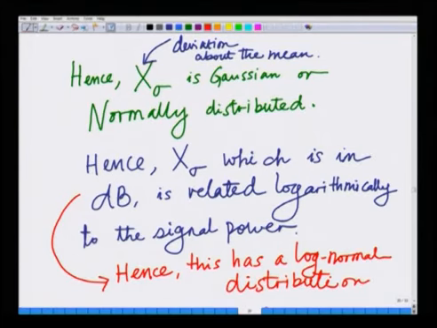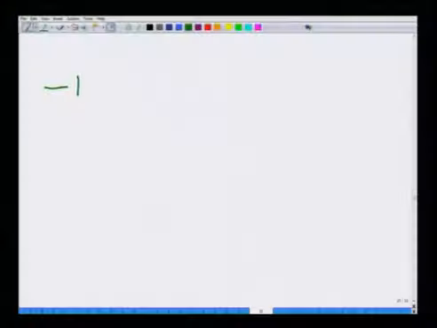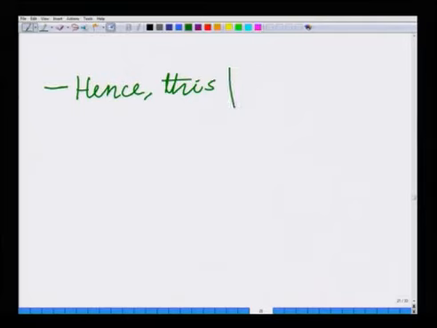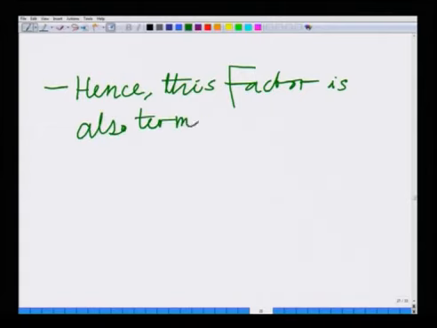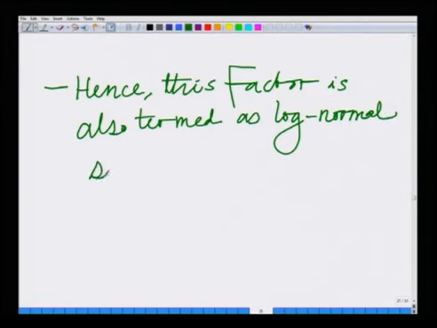That is the reason this shadowing is also termed as log normal shadowing. Hence, this shadowing factor is also termed as a log normal shadowing factor.